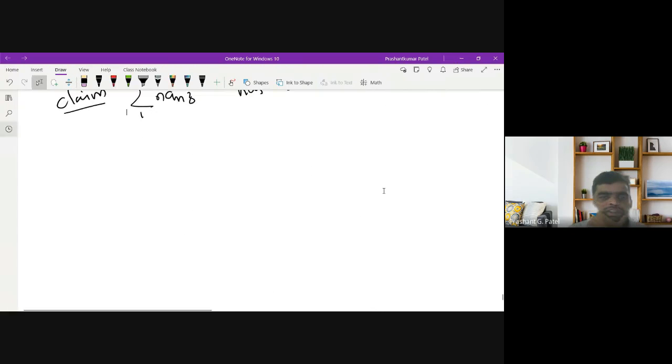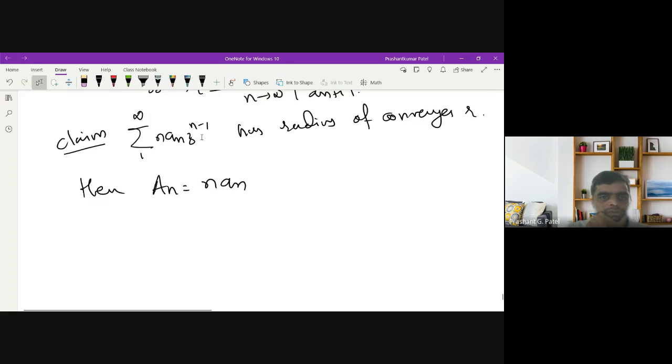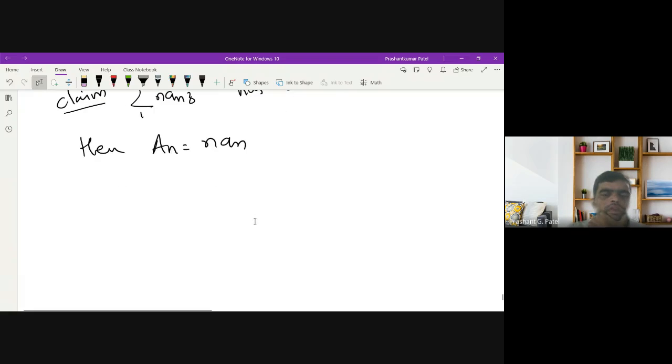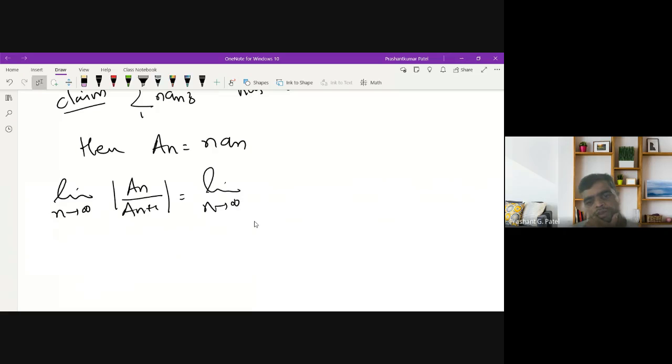So what is a_n here? It is n into a_n, if you consider that as your a_n. So you have to take the limit as n tends to infinity of a_n upon a_(n+1). That is the limit of n into a_n upon n plus 1 into a_(n+1).